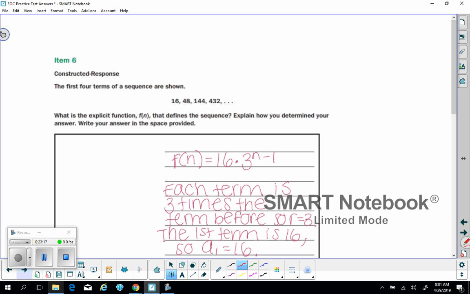So we're looking for explicit function on your formula sheet. It's on there twice. Can somebody give me one of the explicit function formulas?